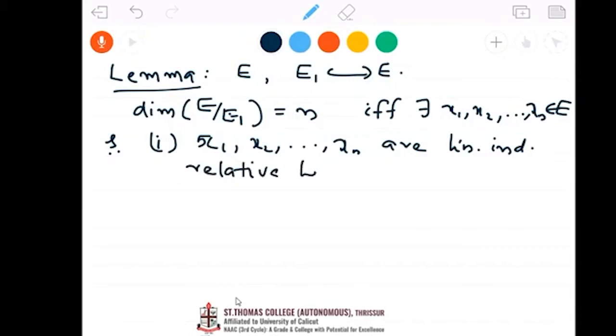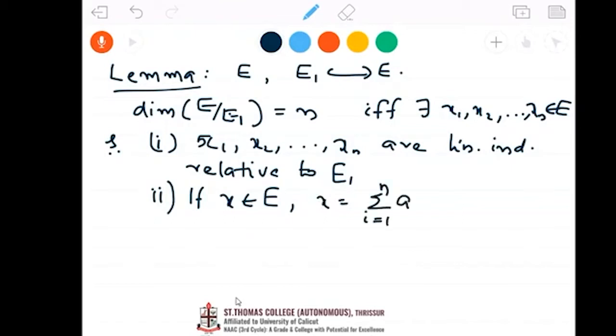So the first quality that x1, x2, etc., xn should have is that they should be linearly independent relative to E1, not x1, it is E1. And one more thing: if small x is an element of E, you take any vector from E, x can be written as a linear combination of x1, x2, etc., xn, summation i equal to 1 to n ai xi, plus an element of E1, in a unique way.